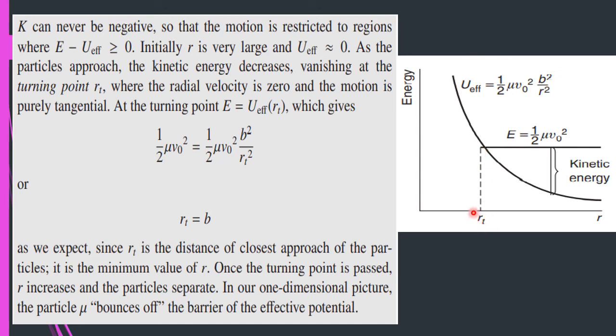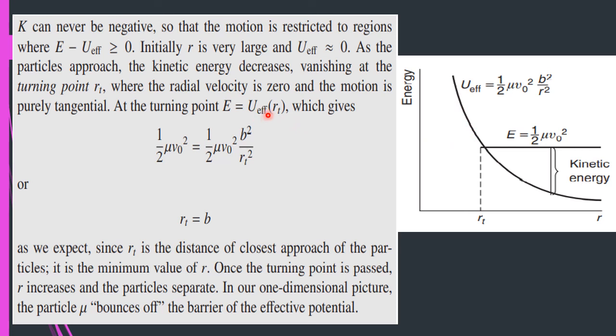That point is called the turning point. This is the turning point rT. At this point the radial velocity r dot is 0. So since radial velocity is 0, the motion is purely tangential at the turning point. So at the turning point, the total energy will be equal to the effective potential.